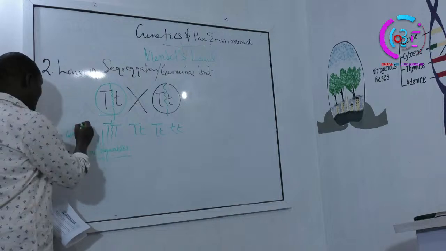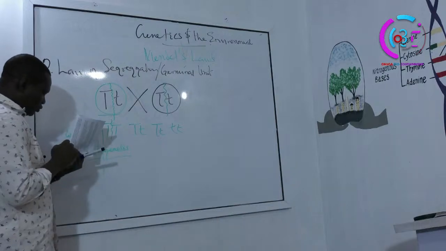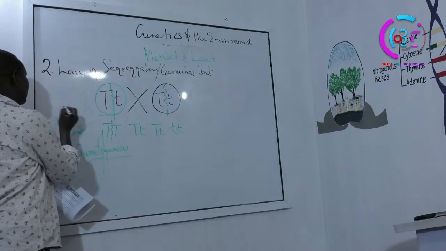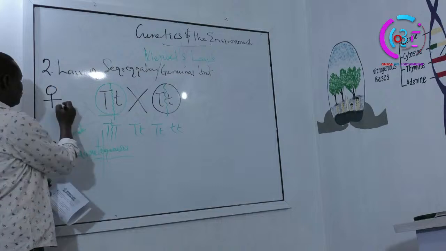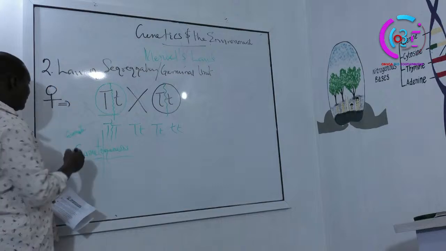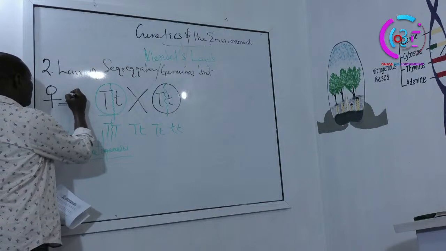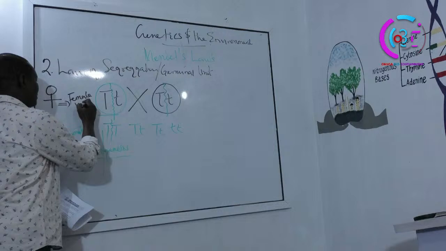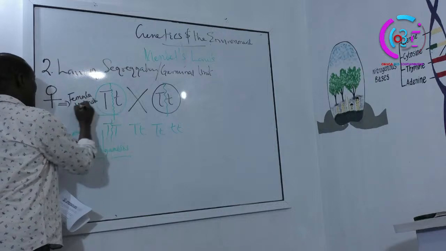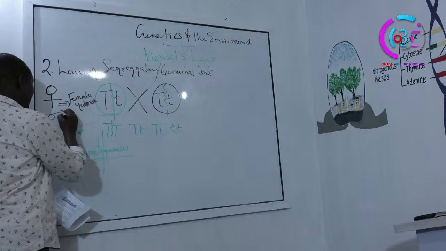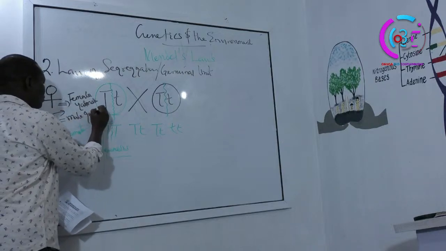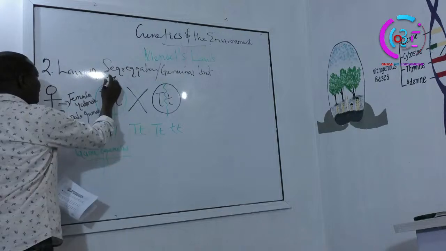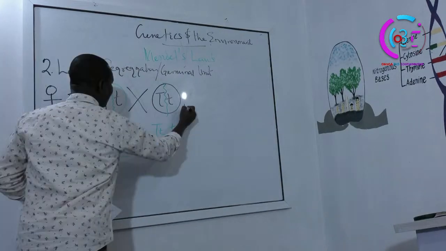And don't forget I told you that the genetic notation for gamete is this one, which refers to the female gamete, whereas this one is a male gamete.